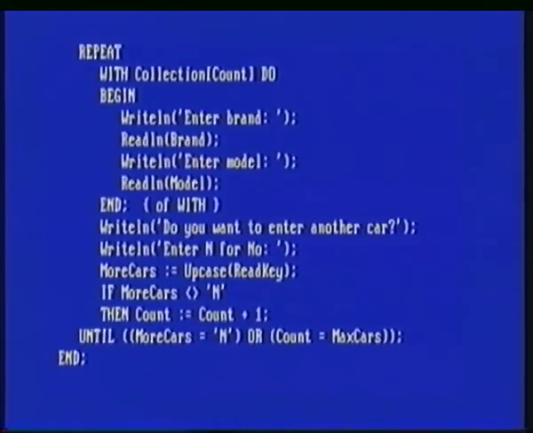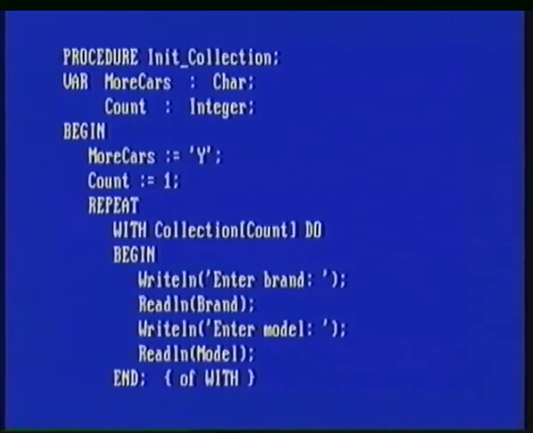But wait a minute, how does the routine know about the collection array and the max cars constant? The procedure contains its own variable declaration, but these variables do not appear here. The variables that are defined within a procedure, like more cars and count, are known as local variables. They only can be used locally, that is, within the routine.